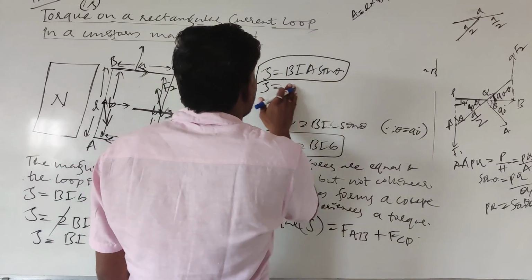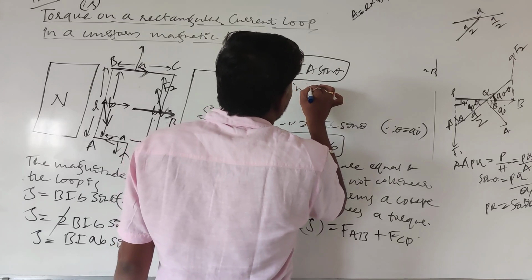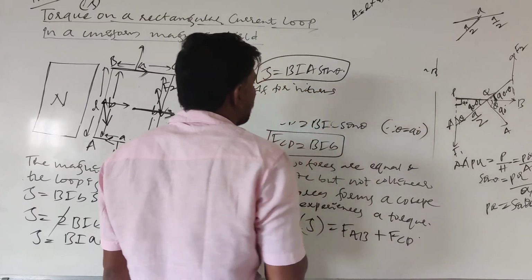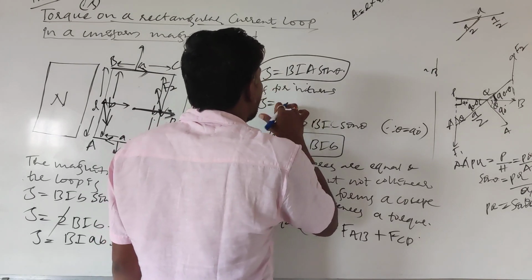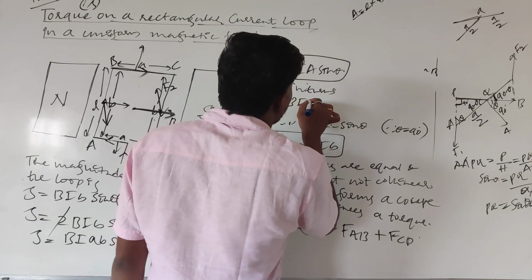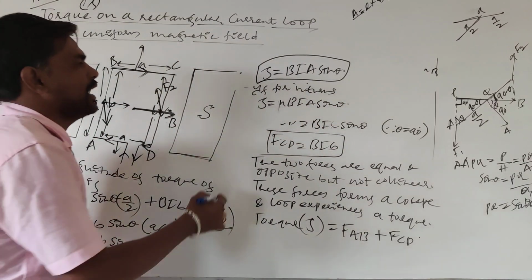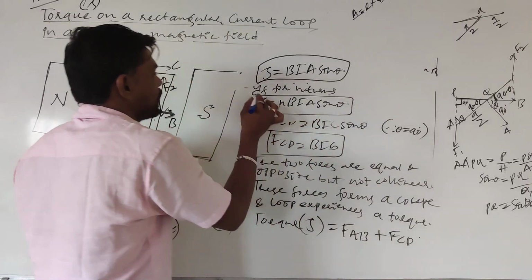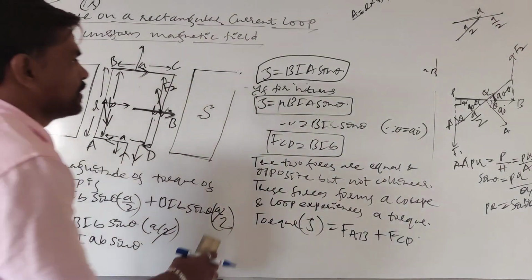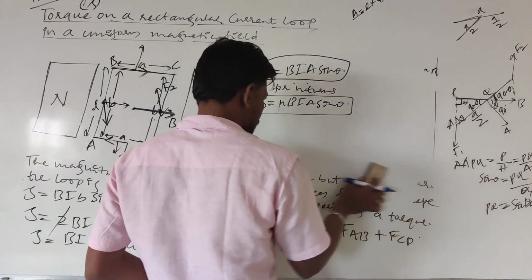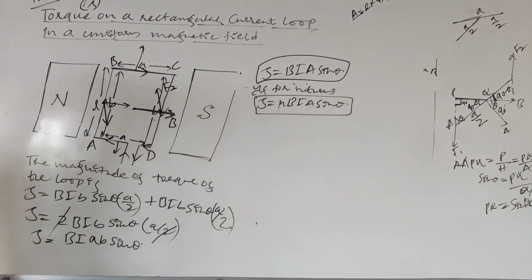For N turns, torque is equal to NBIA sin theta. This is our torque, for reference.